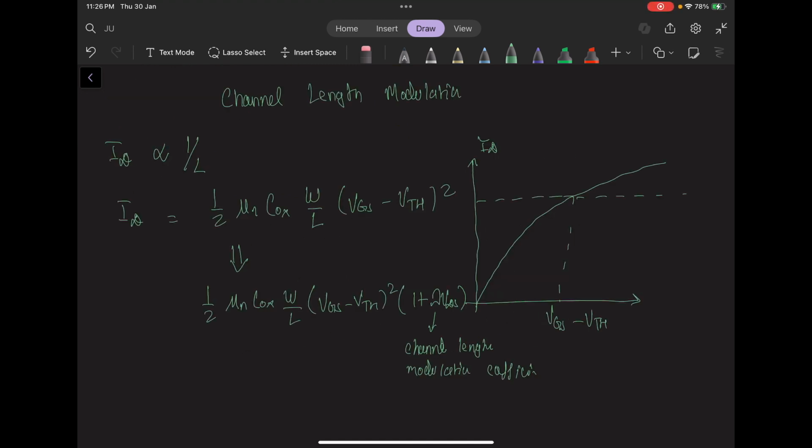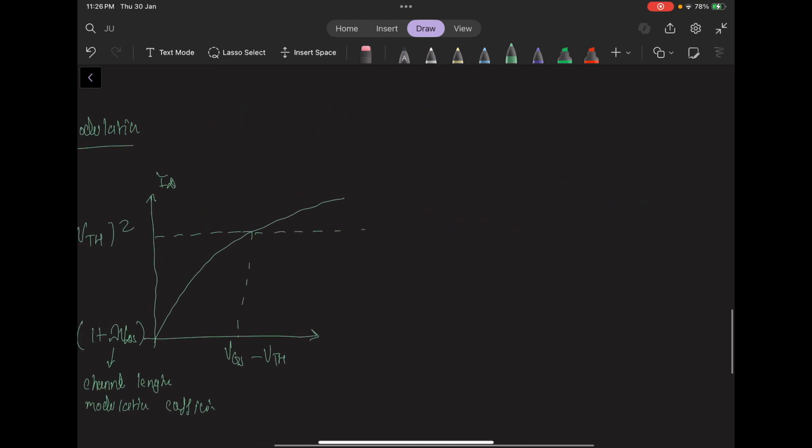There's an interesting phenomenon in MOSFETs which is known as channel length modulation. If I just quickly show, remember when we had the N channel over here, I had shown a very thin layer of depletion region. What happens is that as we increase VDS, the drain to source voltage, this depletion region thickens.